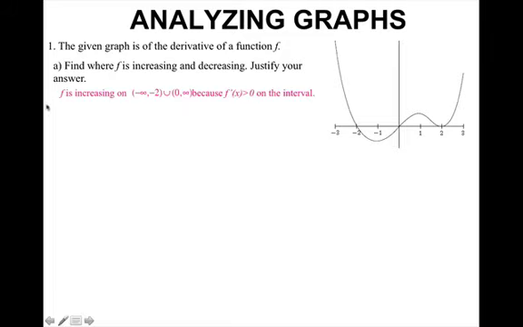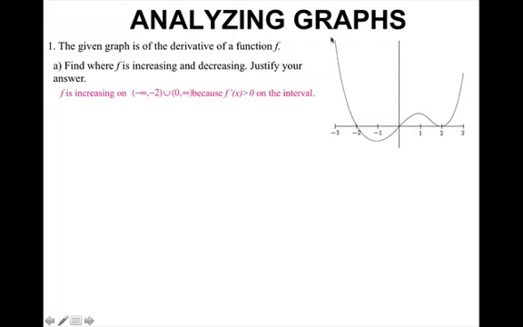So f is increasing on negative infinity to negative 2 and 0 to infinity because f prime is greater than 0 on the interval. So since this is the graph of the derivative, that means I know the original is increasing when this graph is positive.